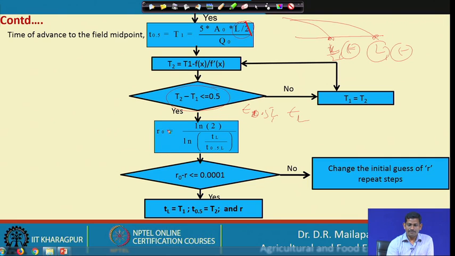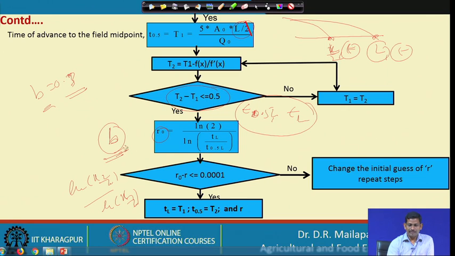And now, find out the B value. Okay. So, you started initially by assuming a B value like 3 or something, and found out, for that particular B value, what the two advance points are. Now you calculate back with this same B: ln x 2 by x 1 divided by ln T 1 by T 2.